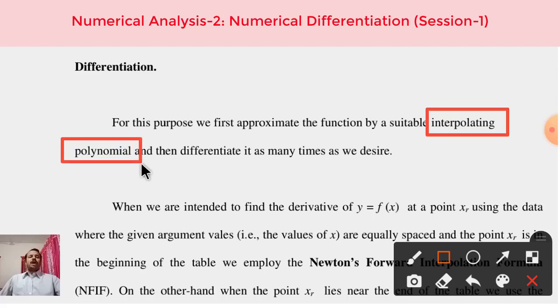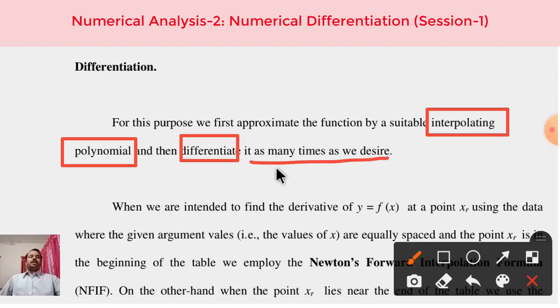We will have the interpolation polynomial in hand, and we will differentiate that as many times as we desire. If we require y dash, we differentiate it only one time. If we require y double dash, we differentiate the same interpolating polynomial 2 times, and so on.